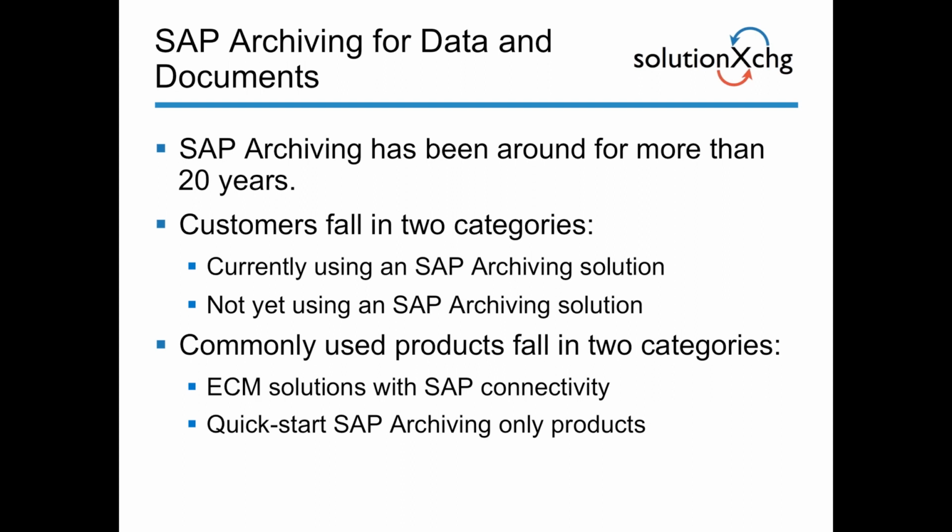The interfaces have changed, and SAP Archive Link has gone through many iterations. Some customers have started with SAP Archive Link solutions early on and have been using it ever since. We still encounter new customers that have not started SAP archiving in whatever flavor.